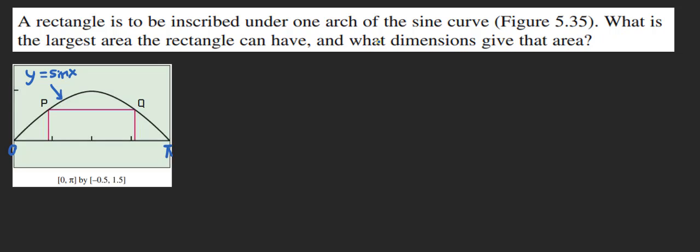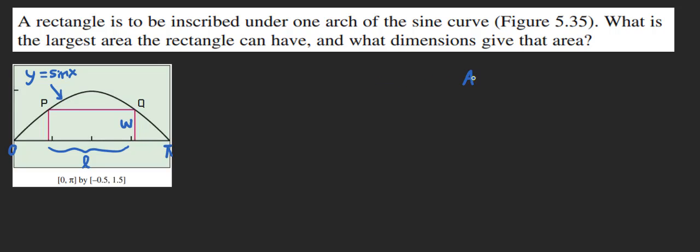So we need to find the largest area of this rectangle that could be contained inside or under this arc. So basically what we need to do is find the length L and width W of this rectangle that will give you the largest area.